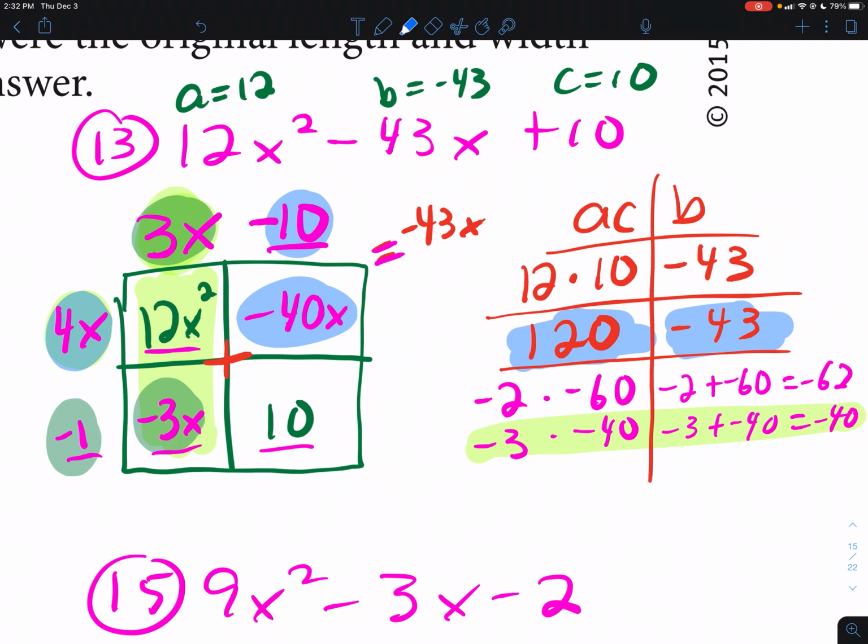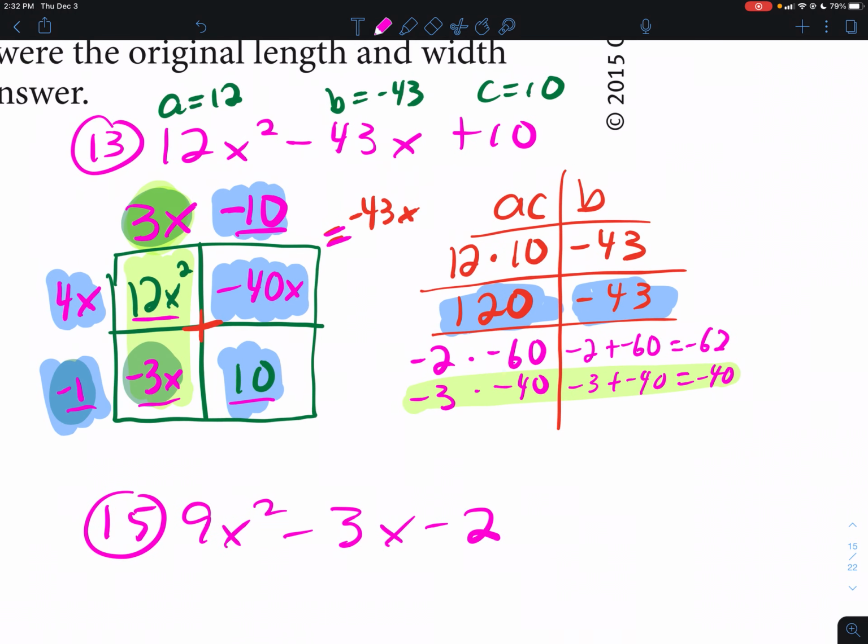Yep, and I knew this because I looked at the 4. Negative 10 times 4x would be negative 40x. Okay, so now it works out. Negative 10 times negative 1 would be positive 10. That's a good way to check your answer. So it's going to be 3x minus 10 times 4x minus 1.